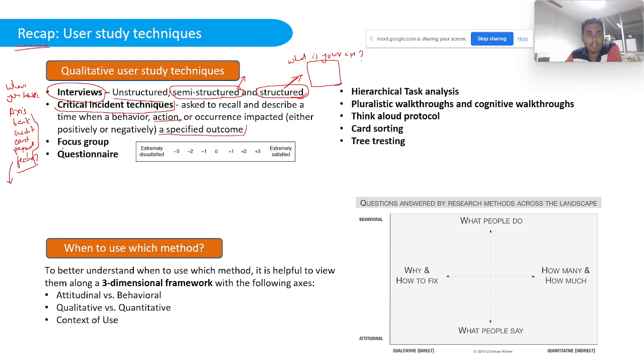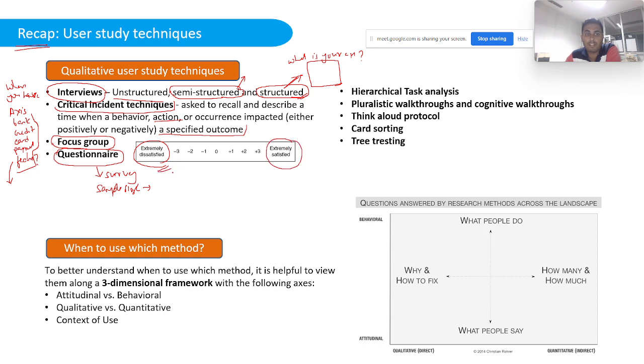Another kind of user study we discussed was the focus group, which is generally a group discussion with experts. There are different types of focus groups. A questionnaire survey is where we go for a fixed set of questions and conduct large surveys, so here we look at sample size. That means we want to identify, in a user group, how many people are satisfied with a particular feature and how many are dissatisfied.